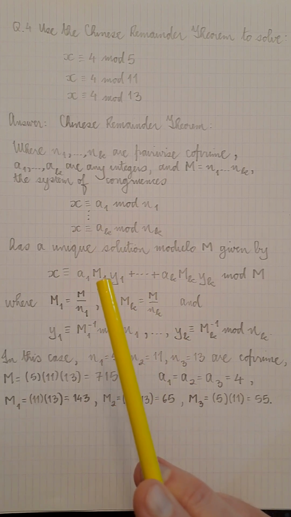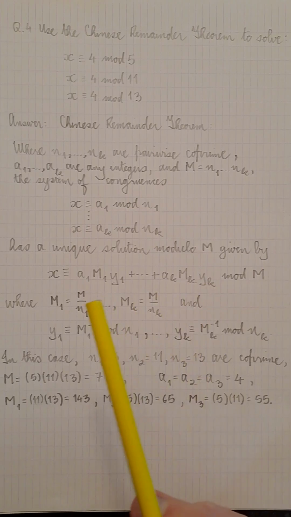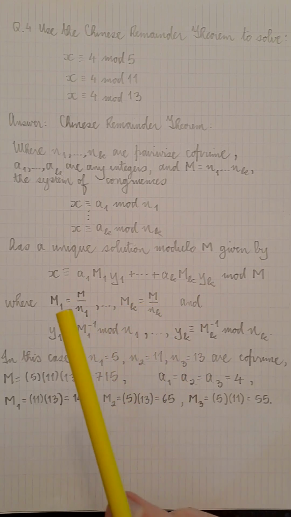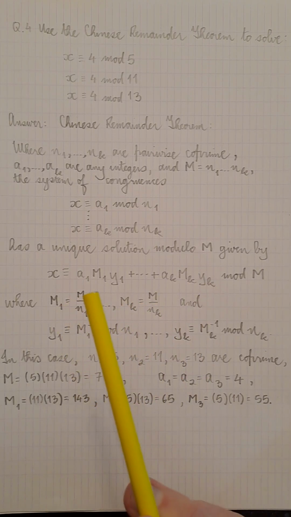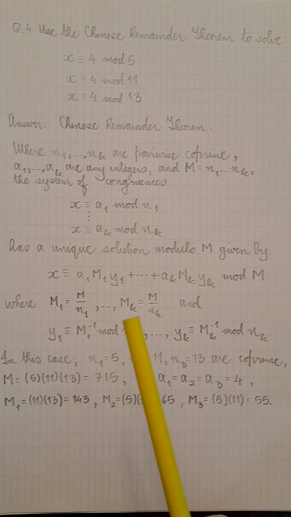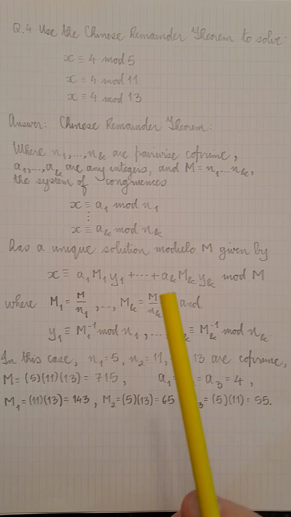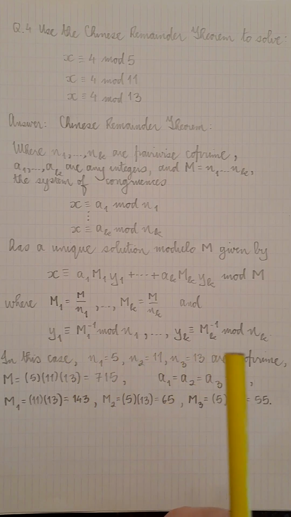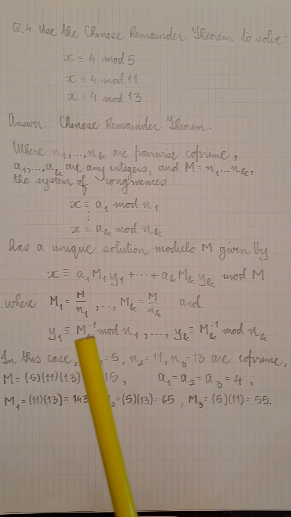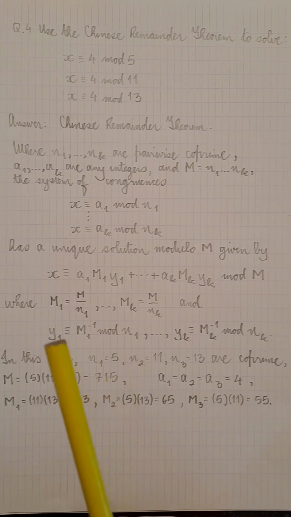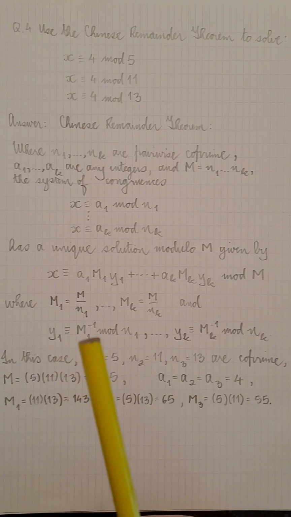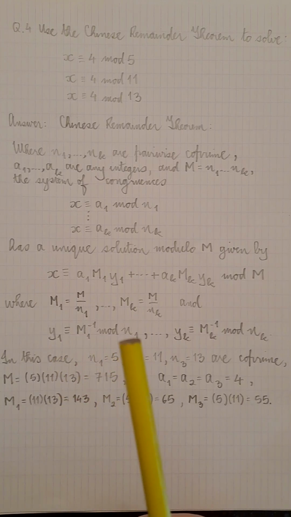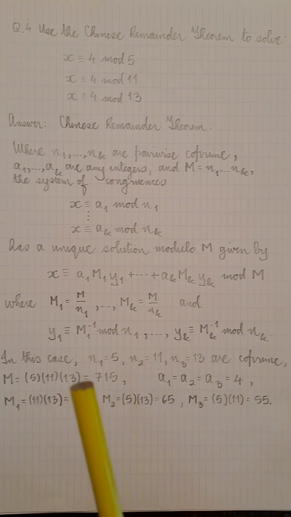Each of the capital M1 to MK numbers are given by M1 is capital M divided by N1, as far as MK is equal to capital M divided by NK. And then each of the Y values satisfies the type of congruence you see there. So Y1 is congruent to M1 inverse mod N1 and so on.